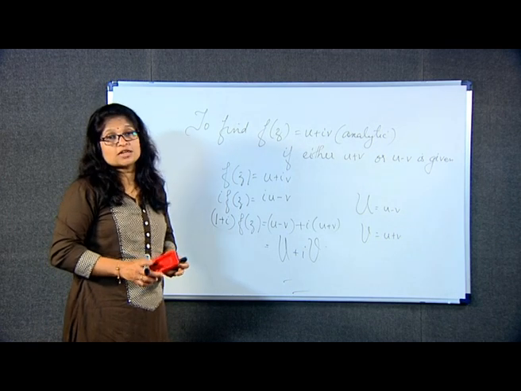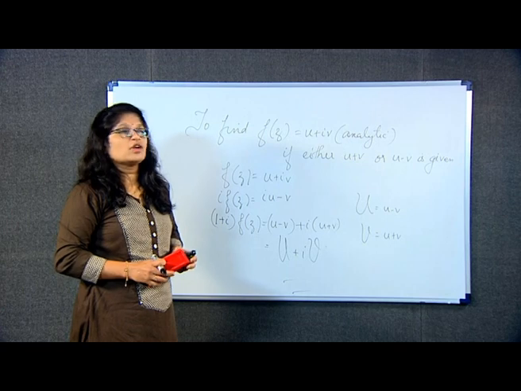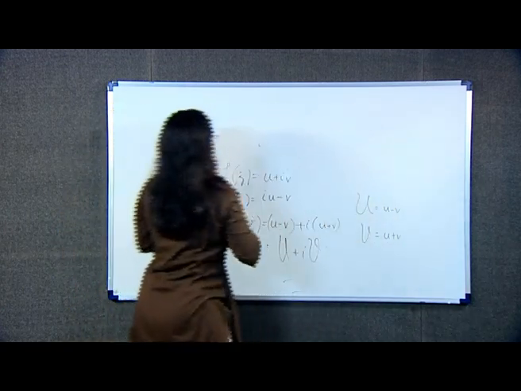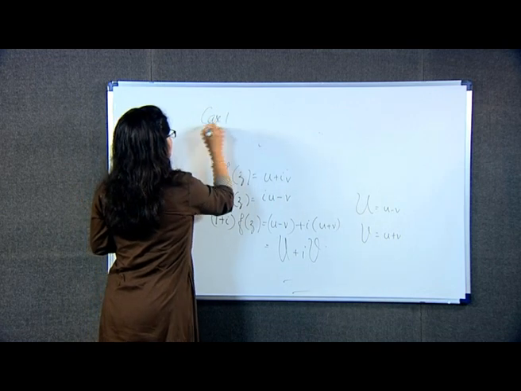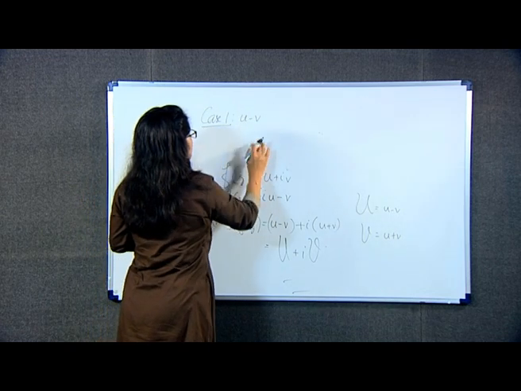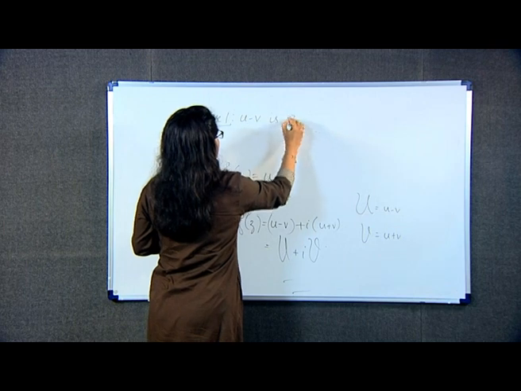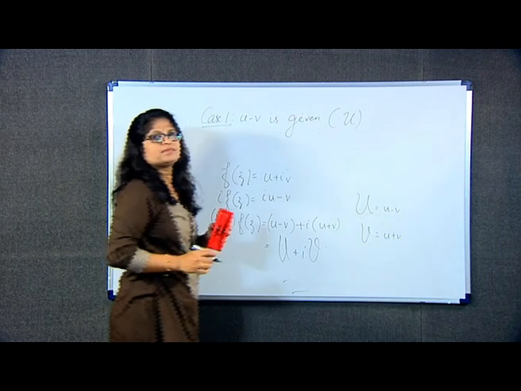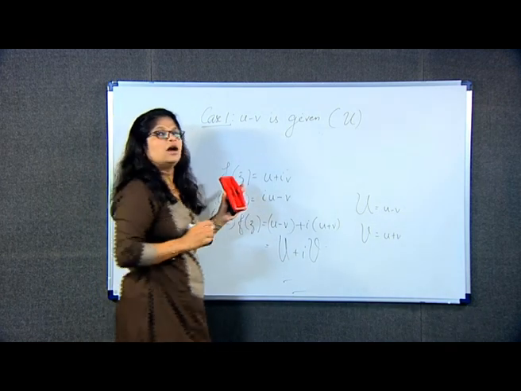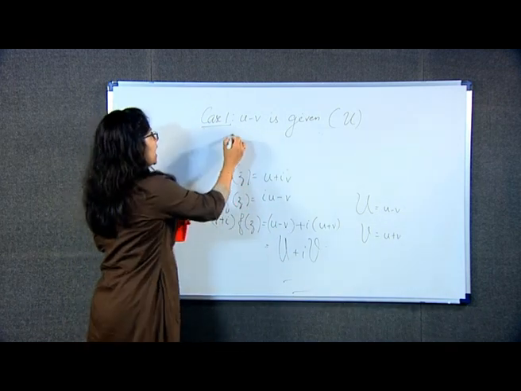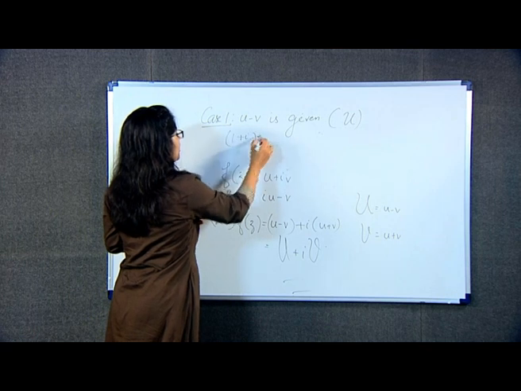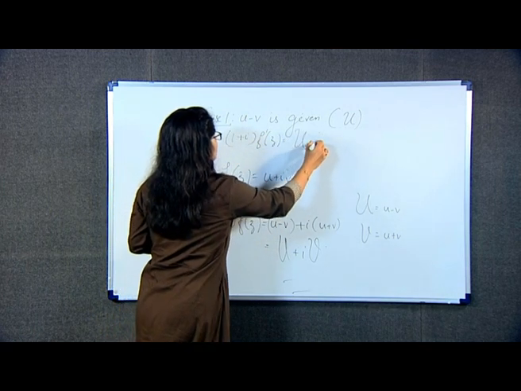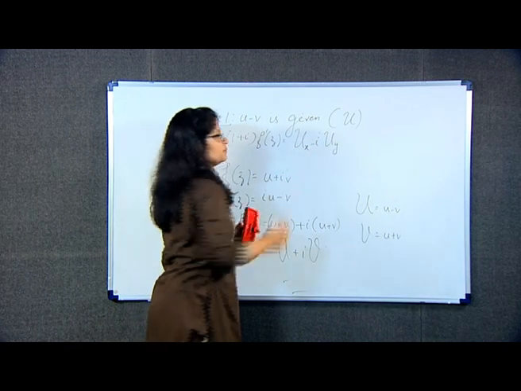So, here there are two cases that can happen. Your first case is u - v is given, that is your capital U. So, how do I proceed? Using the Milne-Thompson method, I have my (1 + i) f'(z) as U_x - i U_y.